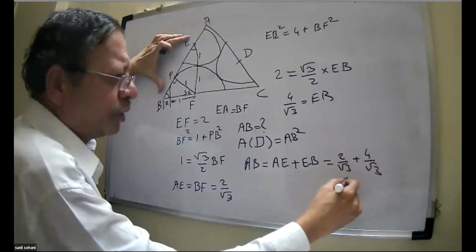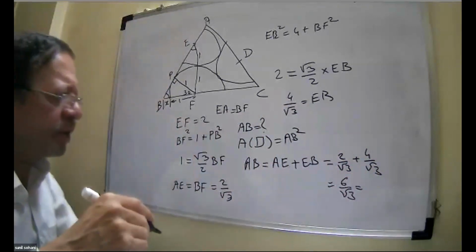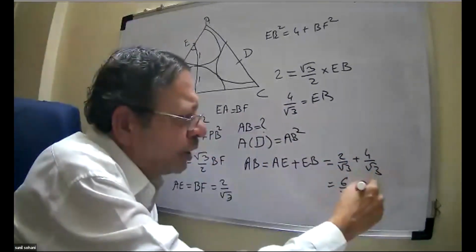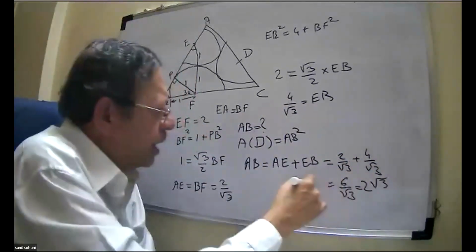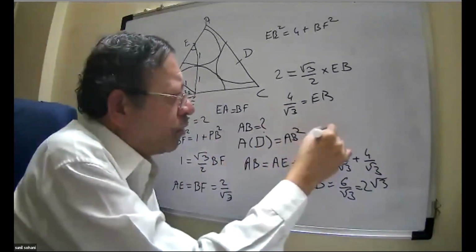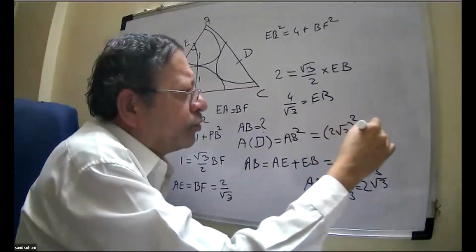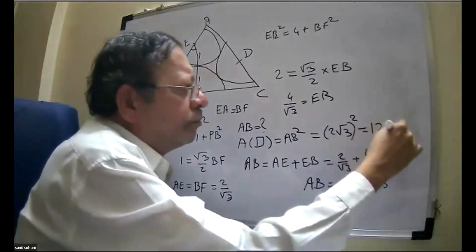So this becomes 6 upon root 3. If I divide 6 by root 3, I should get 2 root 3 as the answer. And the side AB is 2 root 3. And the area of the square is going to be the square of 2 root 3, which is 4 into 3, 12.